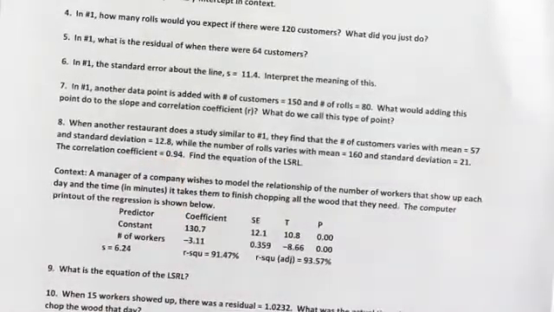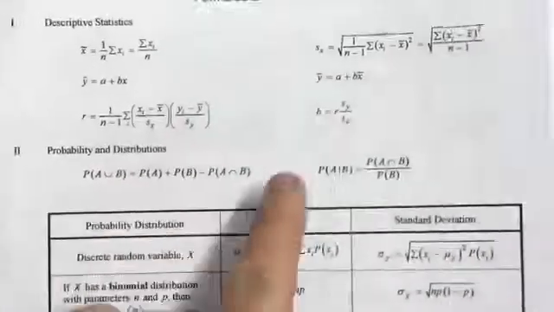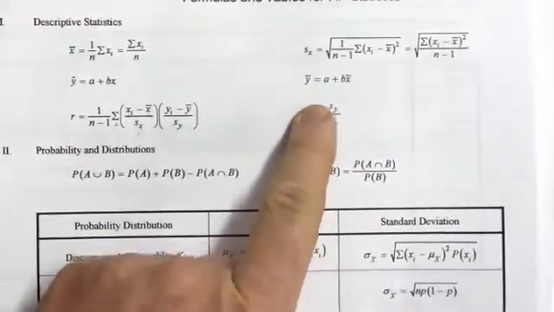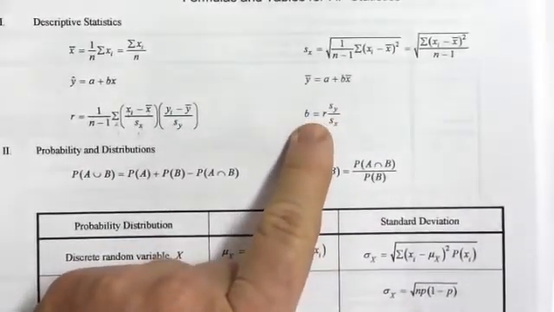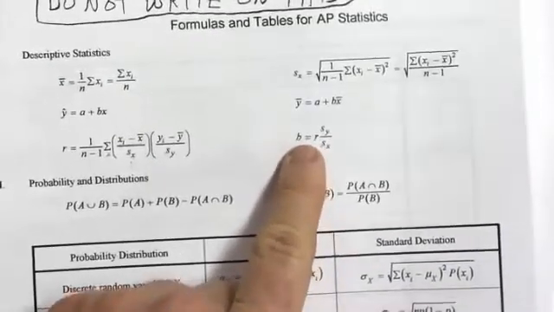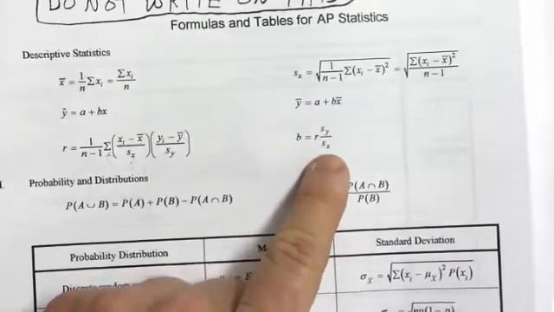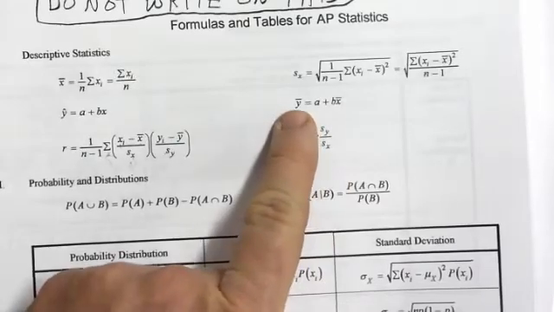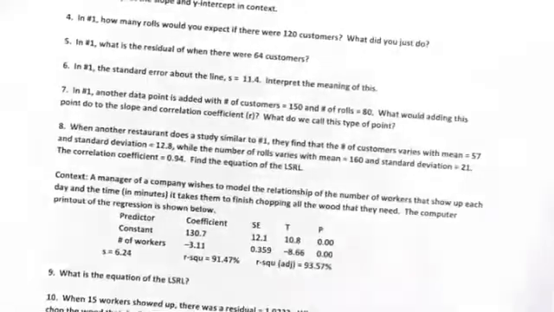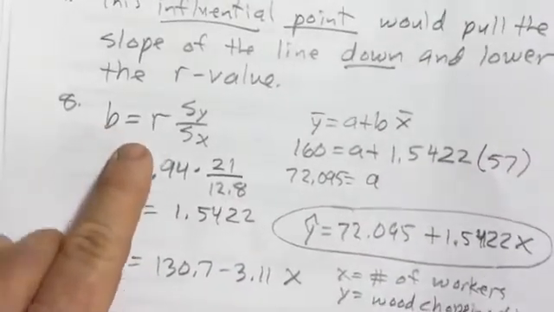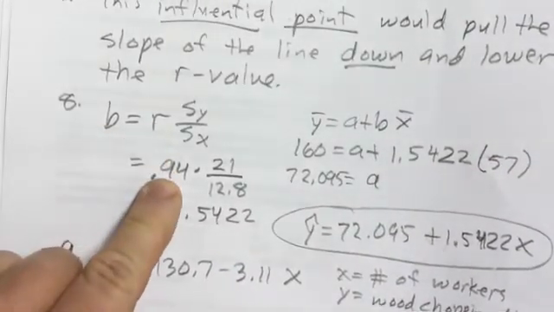Whenever they give you the mean and standard deviation of your two variables, you're going to use these two formulas. This one here for the slope is on your formula sheet: b equals r times standard deviation of y over standard deviation of x. And then y bar equals a plus b times x bar. I just enter the given values. The correlation coefficient R is 0.94.